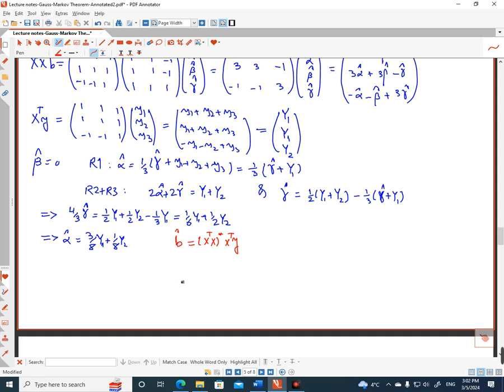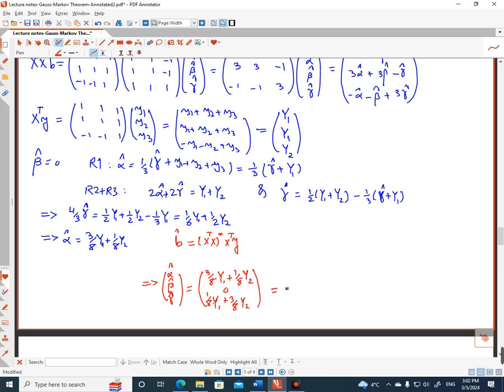We can conclude that alpha hat, beta hat, gamma hat is equal to, let's do the multiplication, 3/8 Y1 plus 1/8 Y2, here 1/8 Y1 plus 3/8 Y2, and the second element is equal to 0.